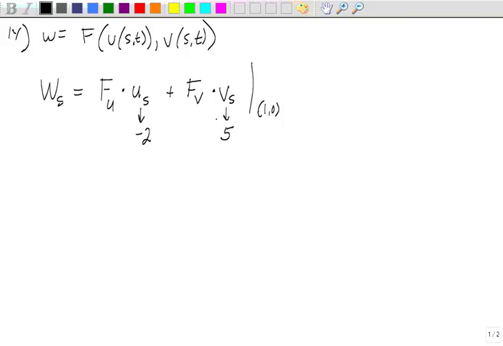So we need to find the partial of f with respect to u. Well, f at u(1,0) and v(1,0) is f of 2, 3, and that is -1.